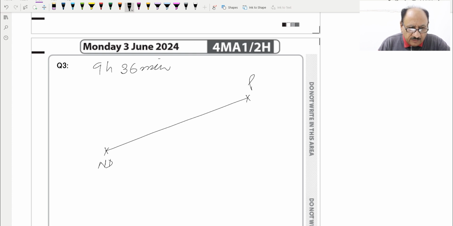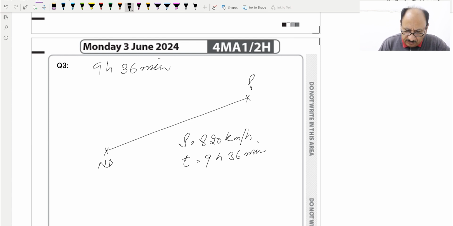The plane flies at an average speed of 820 kilometers per hour, so speed is 820 kilometers per hour and time taken is t, which is 9 hours and 36 minutes. This is the information provided. Work out the total distance.